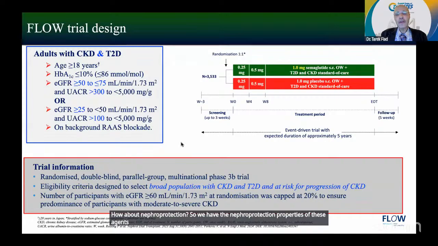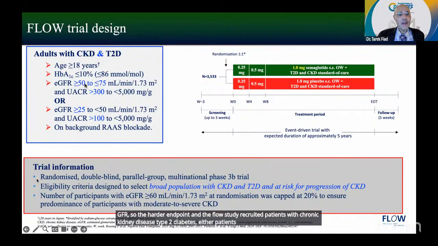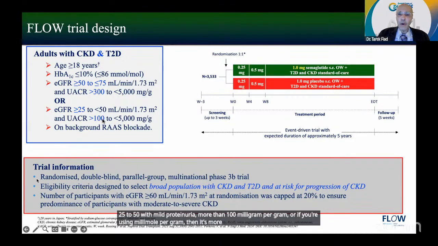We know for a long time that GLP receptor agonist and dual agonist reduce albuminuria, but now we have a study which looked at the GFR, so the harder endpoint, and the FLOW study recruited patients with chronic kidney disease, type 2 diabetes, either patients who have reasonable GFR but heavy proteinuria, or patients who are at the lower category of GFR, 25 to 50, with milder proteinuria, more than 100 milligram per gram, or if you're using millimole per gram, then it's more than 10 millimole.